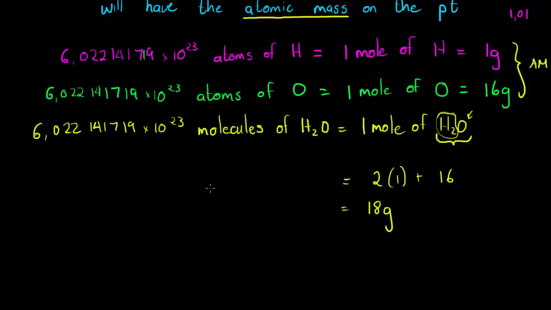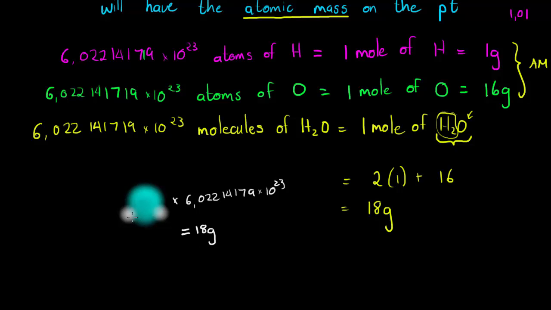Let me just say that again. A water molecule looks roughly like this: 1 oxygen and 2 hydrogens. If I were to take 6.02214179 times 10 to the power of 23 of these together, that's a lot of molecules, they will all add up to only 18 grams of water.